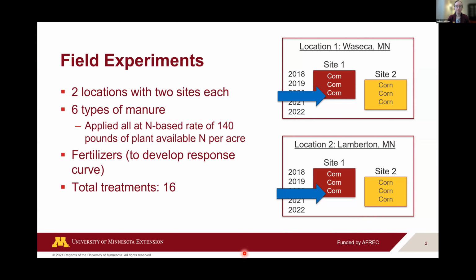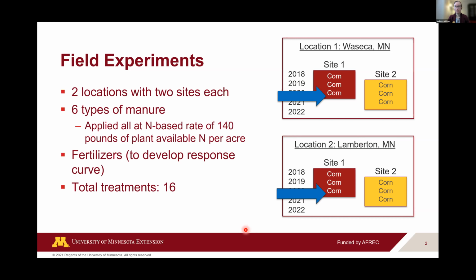And we wanted to understand if the nitrogen and phosphorus availability that we currently recommend for different manure types is still accurate with the changing weather conditions that we've been seeing, as well as some of the new equipment, whether it's liquid solid separation or new application equipment. We wanted to see if these are having an impact on availability.